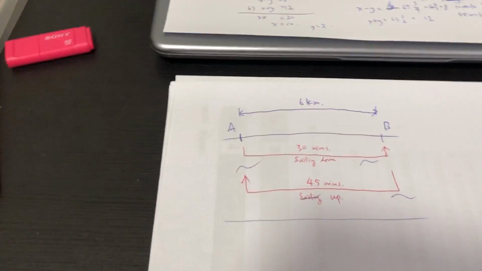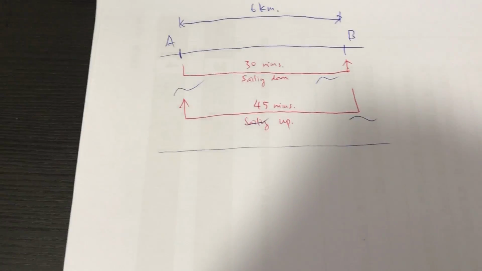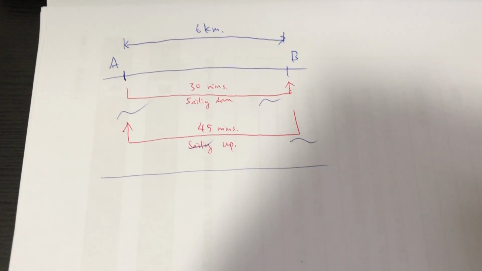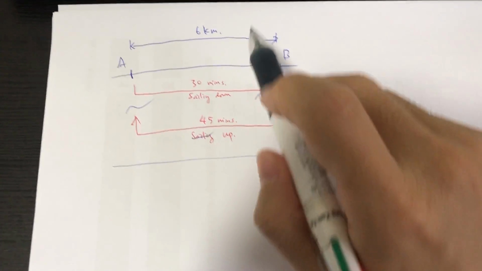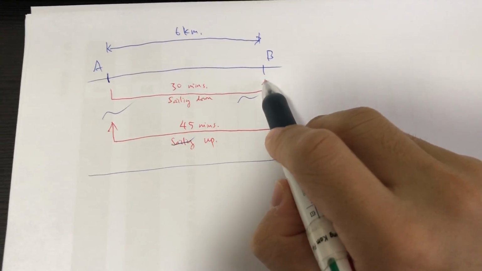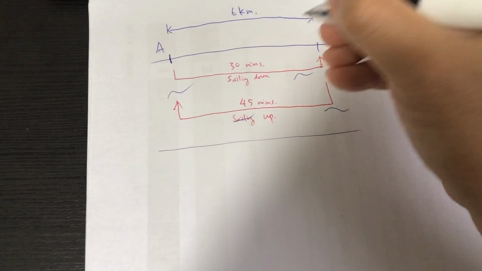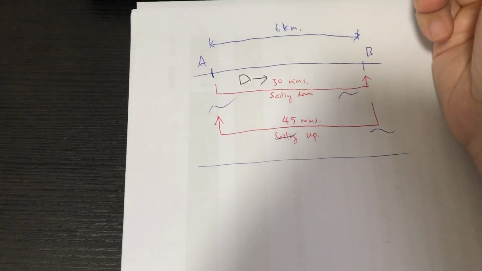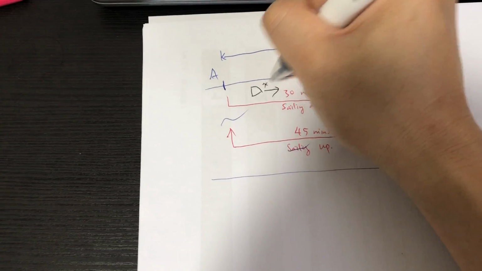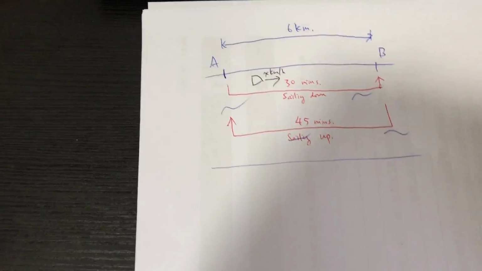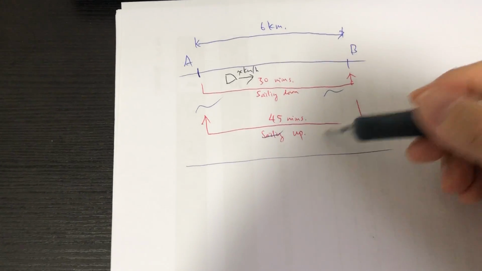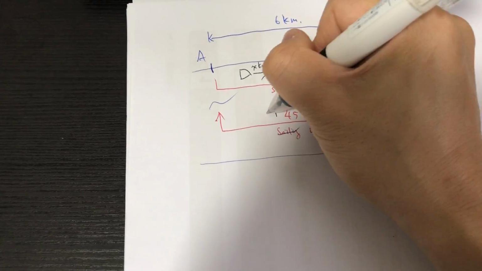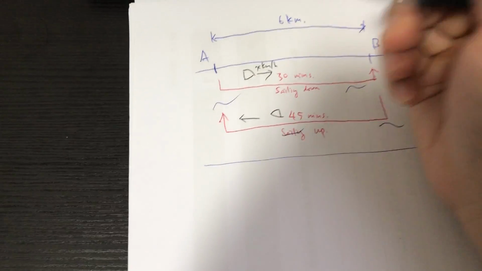So we try to add these two speeds into the diagram. From A to B, the boat sails in this direction by x kilometers per hour. On the other hand, from B to A, it sails in another direction.